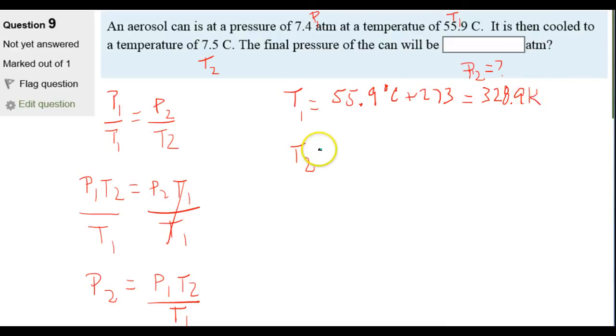We'll do the same with T2. T2 is 7.5 degrees Celsius. And we'll add 273 to this. And we end up with 280.5 Kelvin.